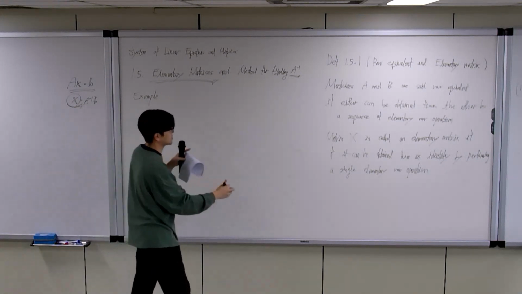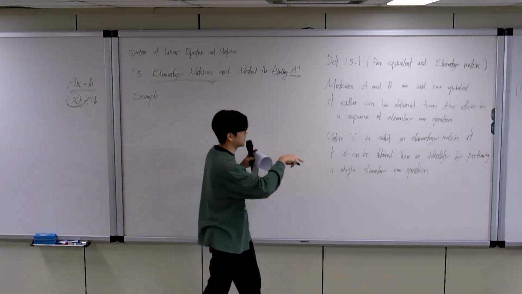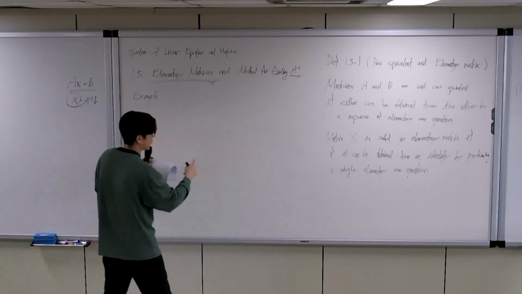The first row operation was just multiplying one linear equation.